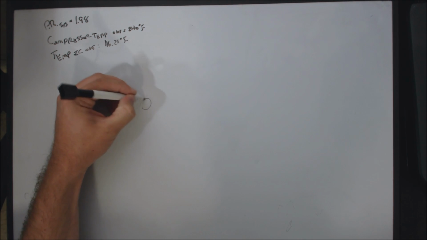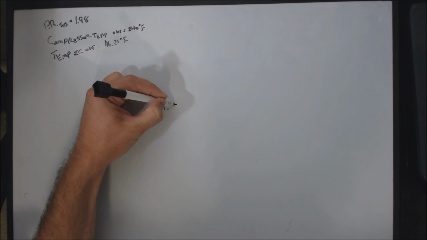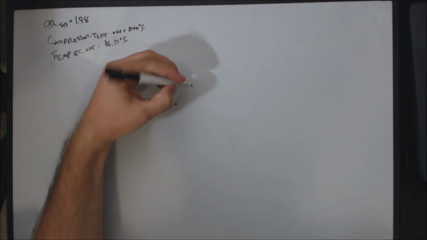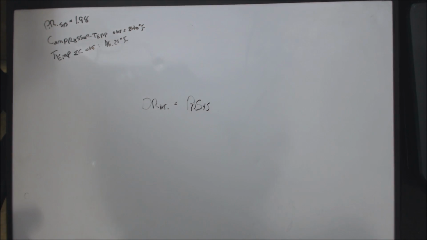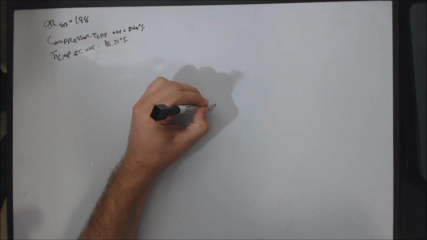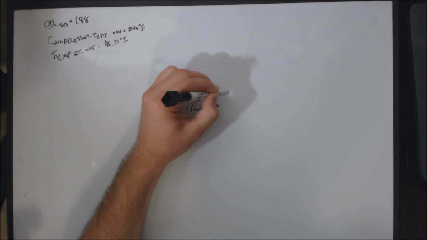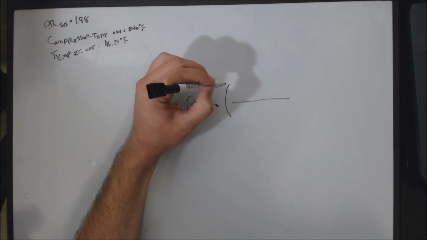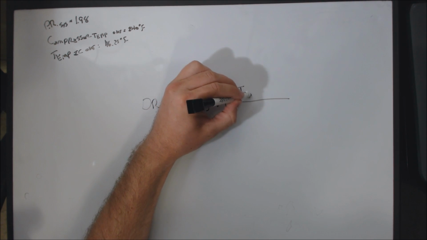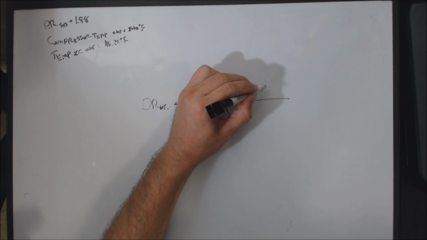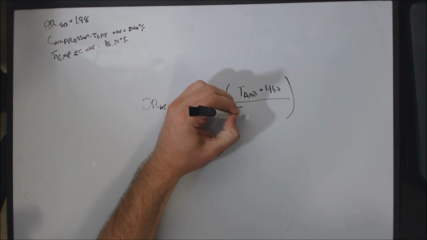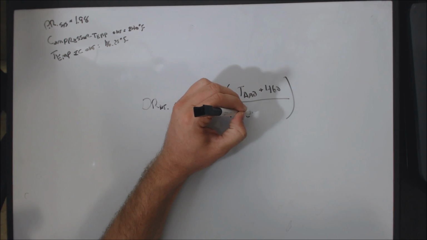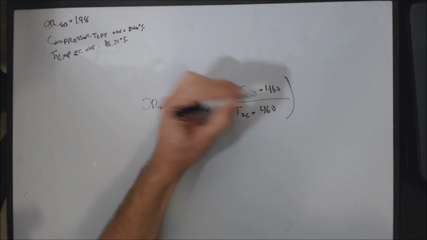So to calculate that, I'm going to say my density ratio equals the pressure ratio of the system, multiplied times a fraction, and that fraction is ambient temperature plus 460, divided by temperature of the intercooler coming out plus 460.